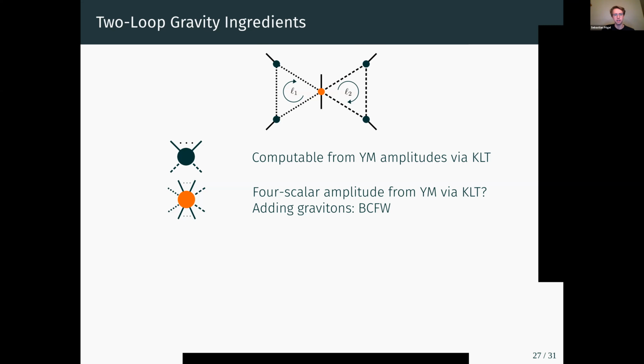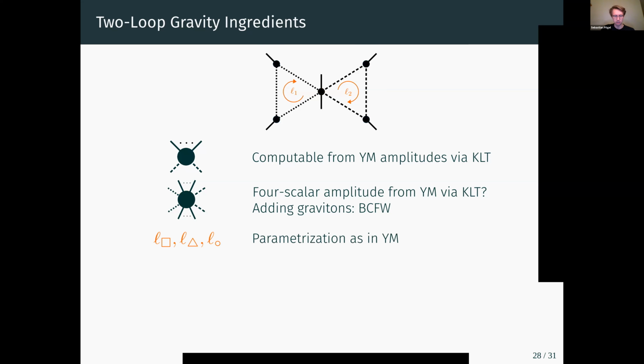But already there one has to deal with the fact that by using KLT relations, there's not only a graviton exchange inside this amplitude, but also, for example, a dilaton exchange, which would have to be cancelled out. And then there's also the problem that it is not clear what the contact term for these four scalars is. But assuming that can be figured out, just adding additional gravitons should not be a problem, simply by using BCFW recursion relations.